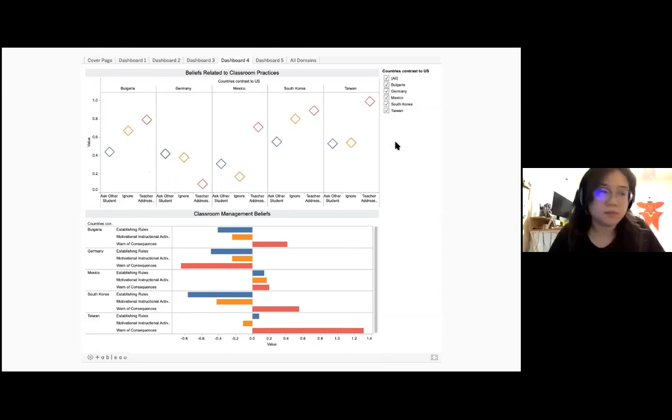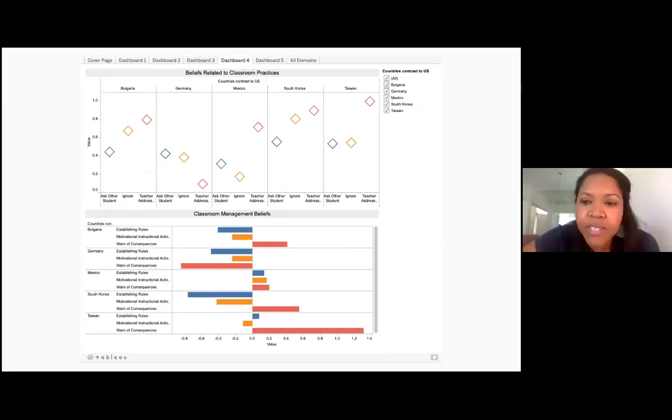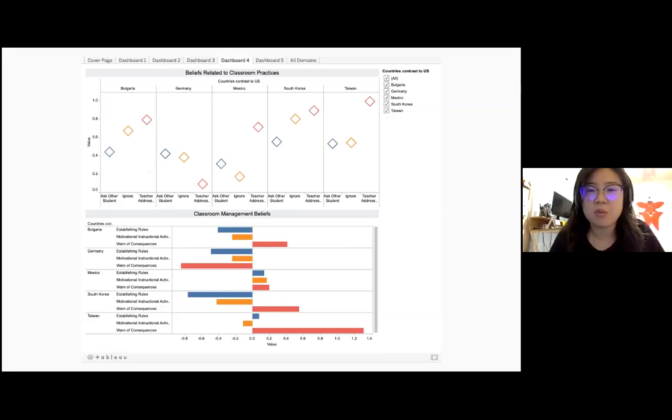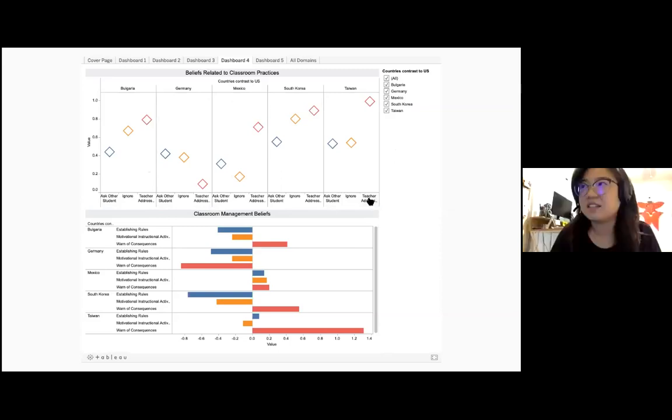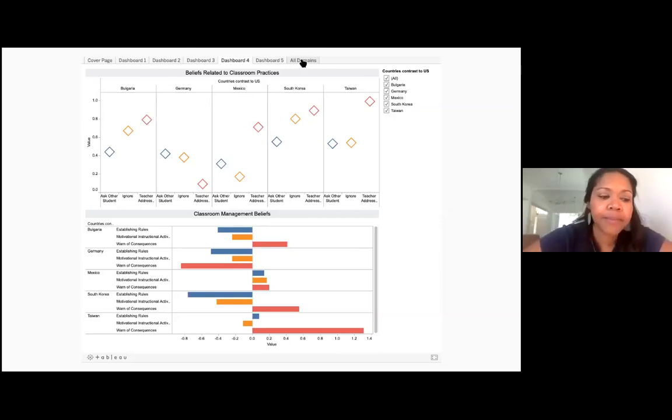I think it had to do with addressing if somebody had the wrong answer or something. Yeah, that's why we had that PowerPoint earlier to show some of these. One of the issues is that when the variable name was really long, it got cropped in this view. But when we go to the all domains view, we can see all the measure names again. Okay. Yeah. All right.